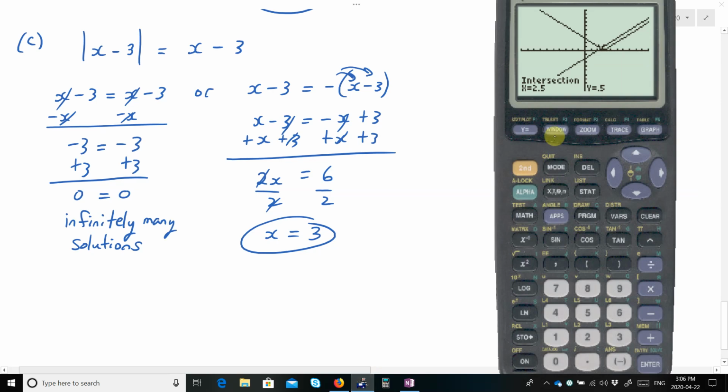And so graphically speaking, where do those two graphs meet? The absolute value of x minus 3, where does that meet the graph x minus 3? There's the absolute value graph, and then x minus 3 is that line there. Okay, and so they meet basically at x equals 3, and then at every other point beyond x equals 3.